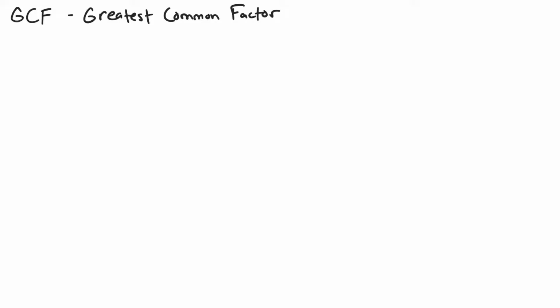And what we mean by that is if you have a polynomial such as this one, hopefully you see there's a common factor there of 2x, and you're going to want to factor that out.